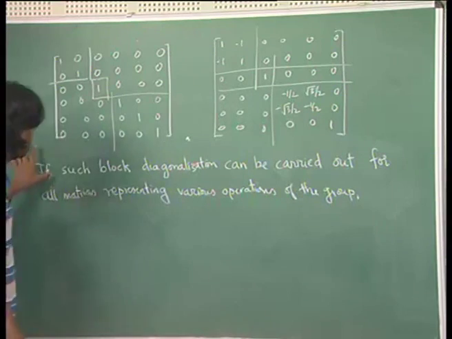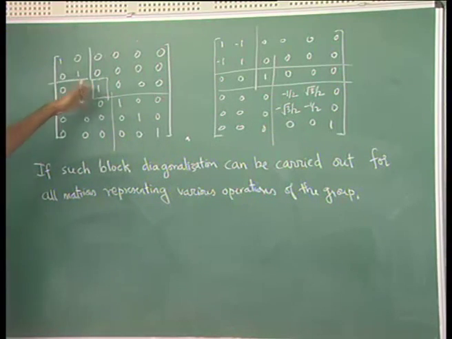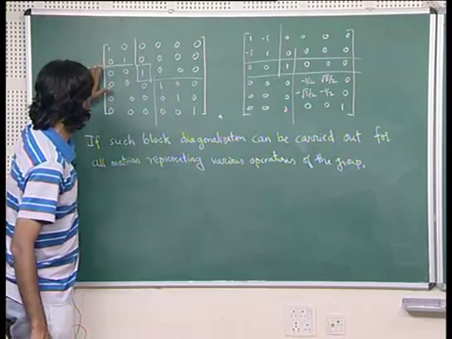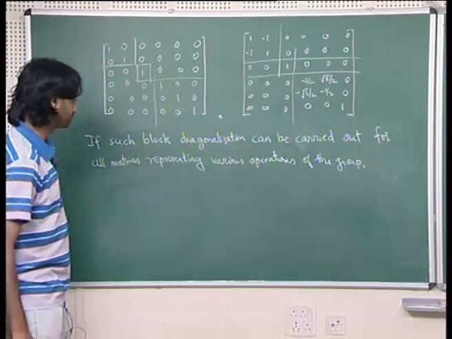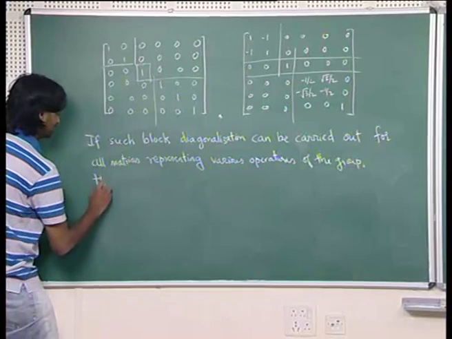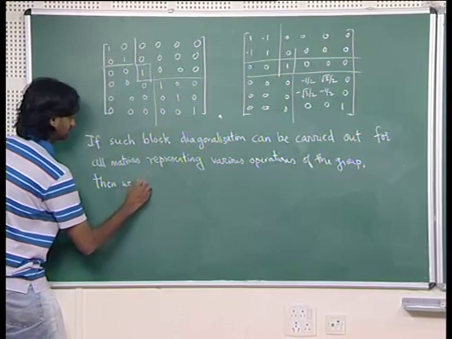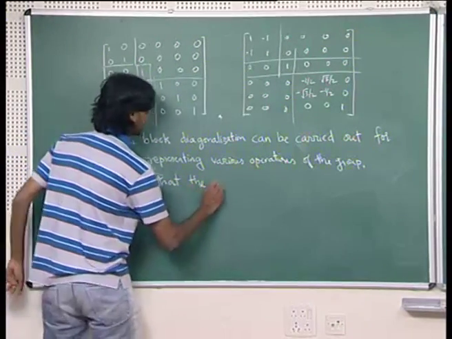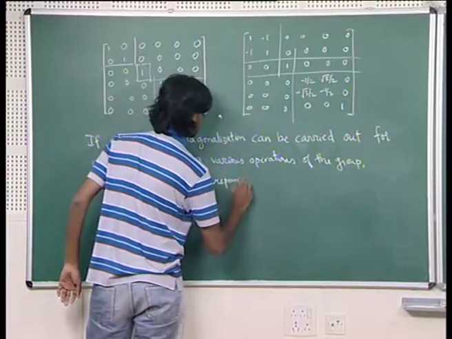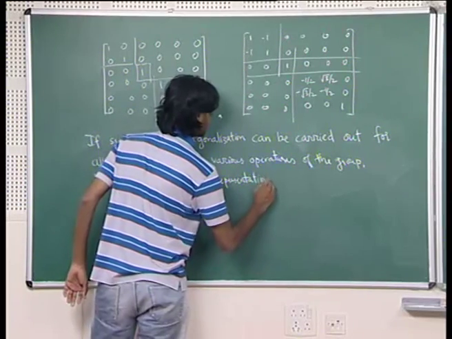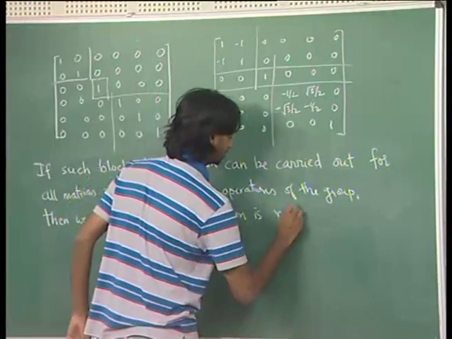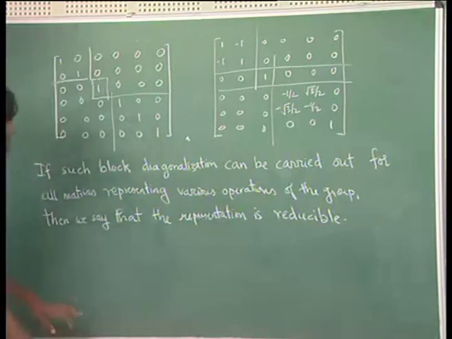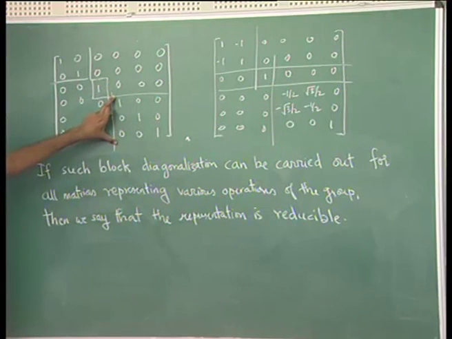Okay. So if you can do such a block diagonalization for the matrix corresponding to each and every symmetry operation, okay, then we say that the representation is reducible. Okay, so we say that it is reducible, and each of these individual.